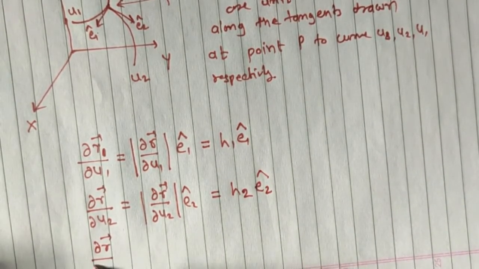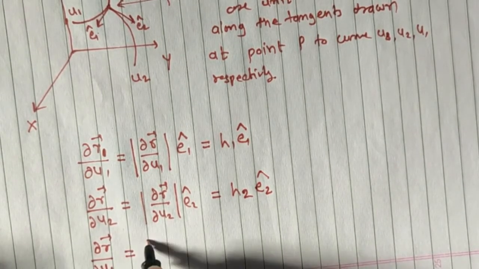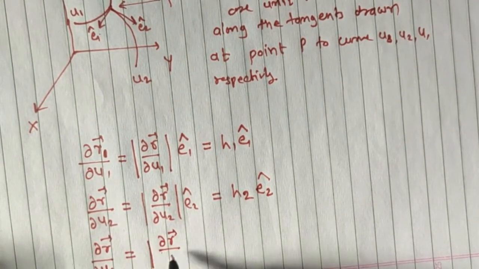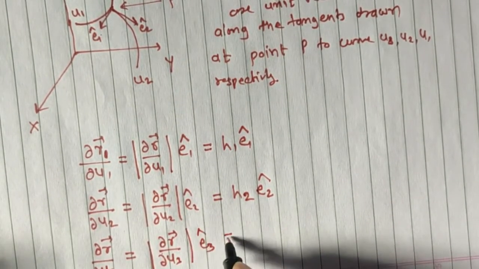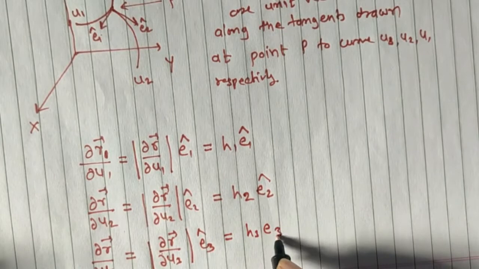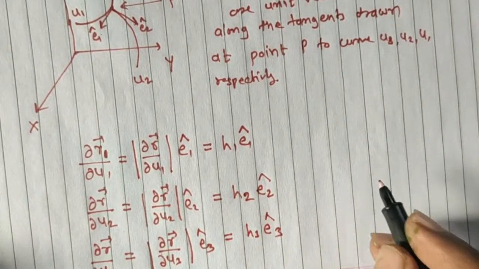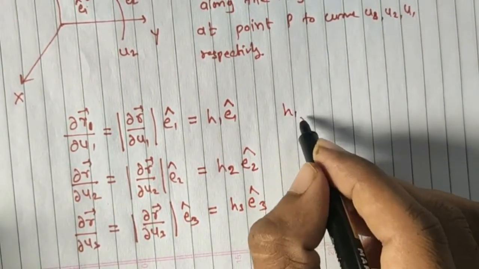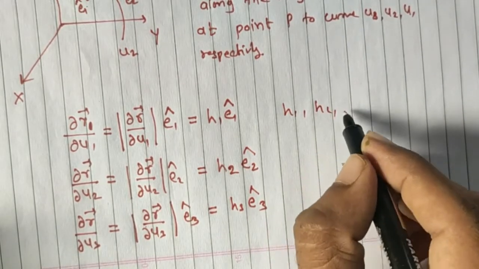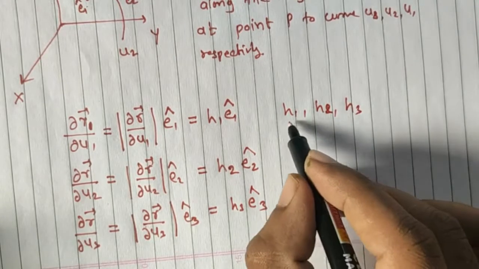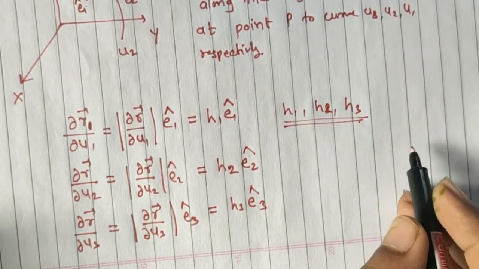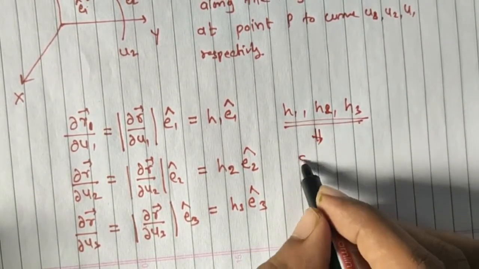Delta r bar by delta u3, mod of delta r bar by delta u3, e3 cap is equal to h3 e3 cap. Here we got some constants, h1, h2, h3. These are some constants, so we will call them scale factors.